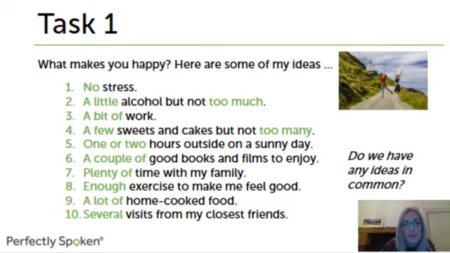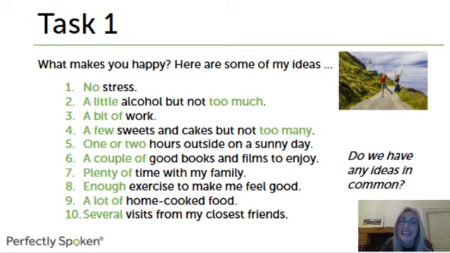And in front of it, we have the words a little. So we know it's with uncountable nouns. Find a countable noun, for example, sweets. Can you say a little sweets? No, you can't say a little sweets.